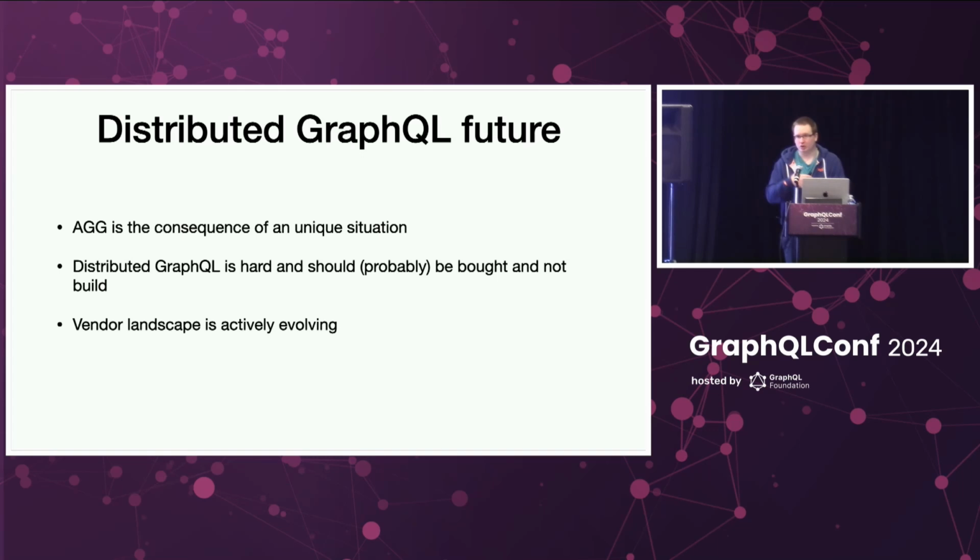But we have Chili Cream with Michael, we have the Guild, we have Wundergraph, we have others here. So we have an actively evolving vendor landscape, which is a testament that it's a hard problem that people want to get solved. And fundamentally, I agree. My experience over the last 6 years, we invested a lot of deep knowledge, time, and effort to make this work, and it's probably not your core business to do this.